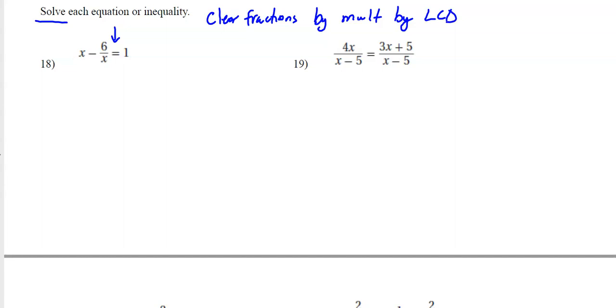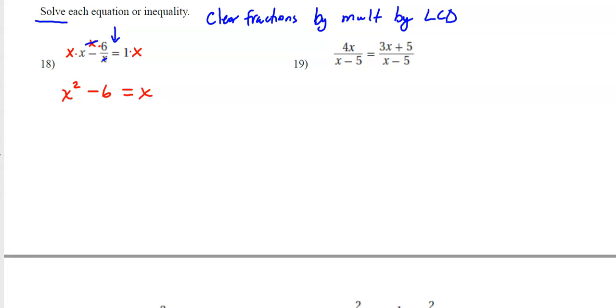All right, so over here it looks like the only denominator I have is x. So I need to multiply everybody by x. I need to multiply u by x, u by x, and u by x. So x times x is x squared. Here I get 6x over x, which cancels. That's why I did it. I wanted to clear out that fraction.